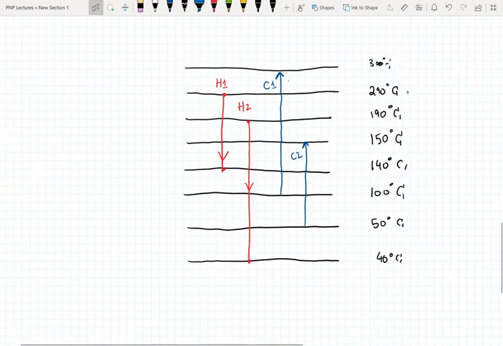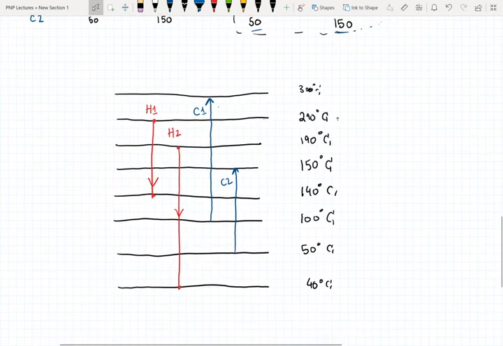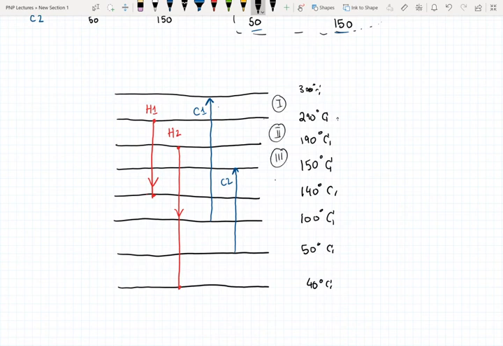Now in the next video, for each interval, in this case, we have 1, 2, 3, 4, 5, 6, and 7, so 7 intervals, we want to find the summation of energy lost by the hot streams and energy gained by the cold streams.